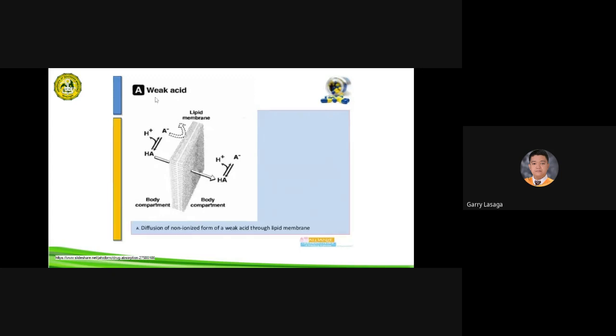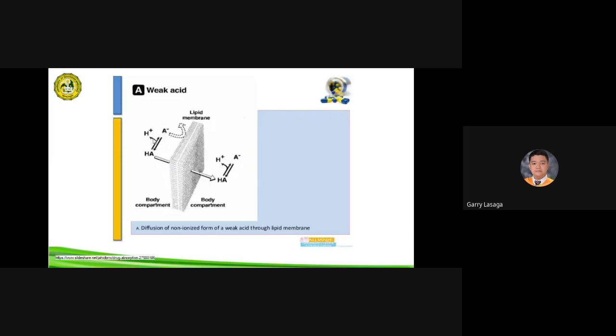So this is another illustration of a weak acid. We have here the HA refers to the unprotonated form, and the A minus refers to the protonated form. So the unprotonated form of a weak acid will be able to pass through the body compartment or the lipid membrane.